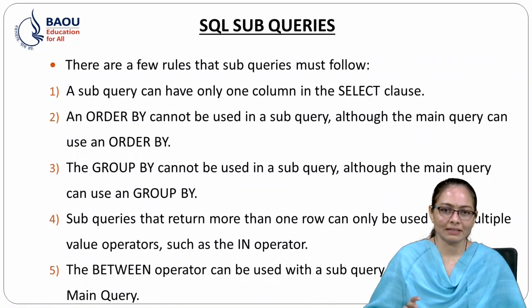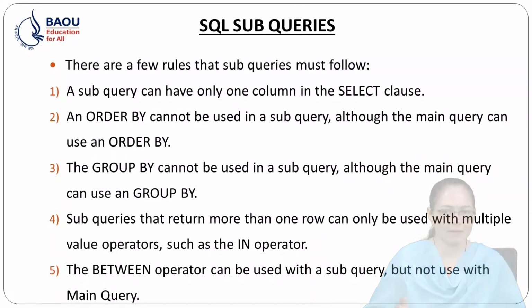A subquery that returns more than one row can only be used with multiple value operators, such as the in operator. The between operator can be used with the subquery, but not with the main query. These are all the rules of the subquery.